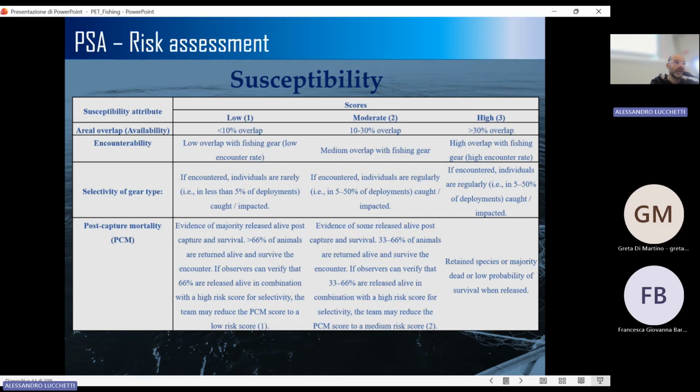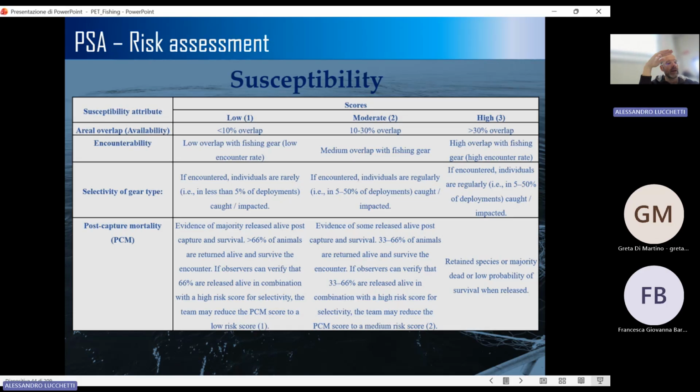The selectivity of the gear. The matter here is to consider that the gear for sure encounters a specific species. What is the probability that this gear can catch this species? I'll make an example: dolphins, speaking about Tursiops truncatus.